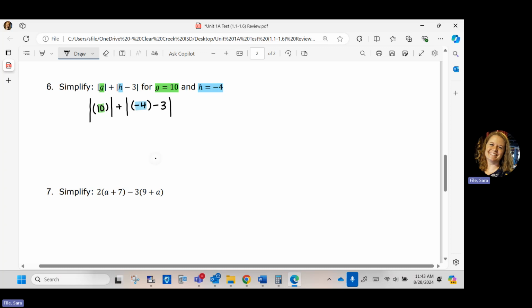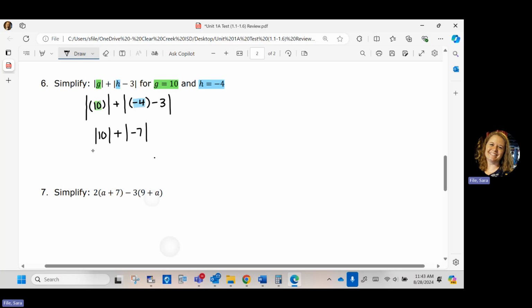Okay, now inside this absolute value is just a 10. So that's just going to be absolute value of 10. Inside this absolute value, there's -4 minus 3, which gives us -7. So now I have to take the absolute value of both of those before I do the addition.